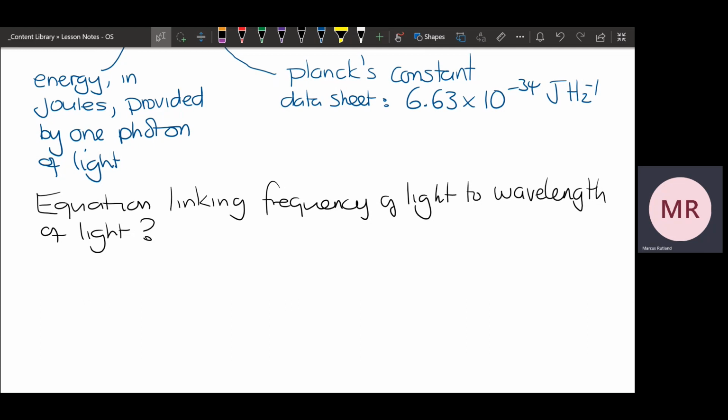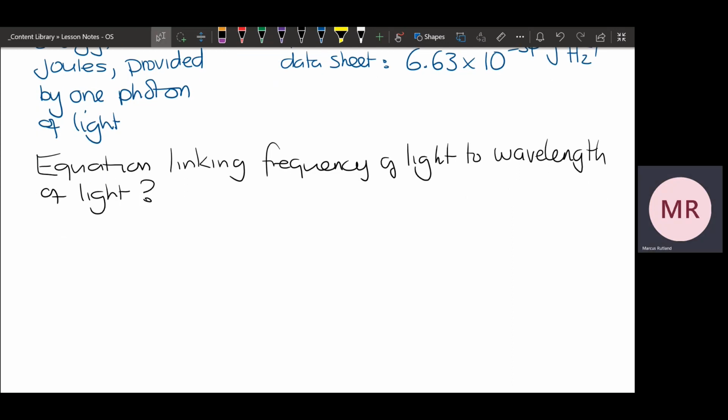Do you remember what it is? It tends to be written like this: c equals lambda times this Greek v-like symbol, whose name I can't remember, but it doesn't matter. What are the bits of this equation? Do you know what those symbols refer to?